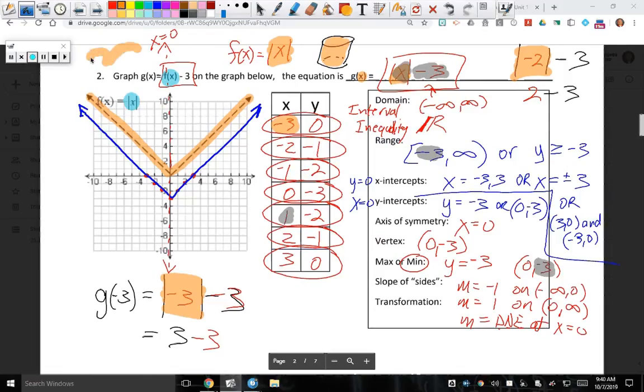You with me? So this bird is this graph here. And you tell me, how did this transform from the original? What happened? It shifted, or it moved. The word that I'm looking for is shifted 3 units down. So shifted 3 units down.